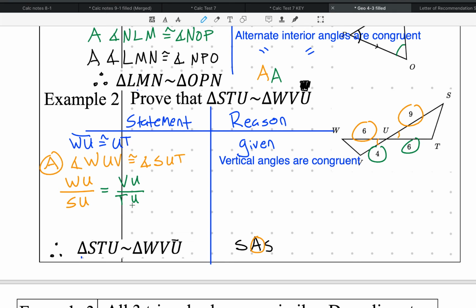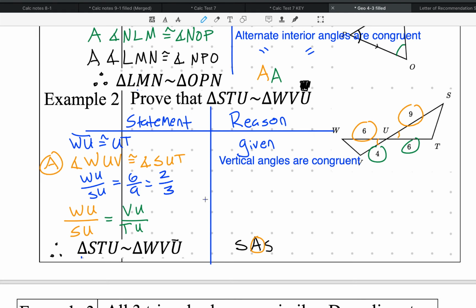Yeah. And sometimes in your proof, you can do stuff like this. I think Khan Academy does it this way, so maybe I'll copy them. Because we're basically done after this, so I can move down here. You can say WU to SU is equal to 6 over 9, which is equal to... what does that reduce to? 2 over 3.